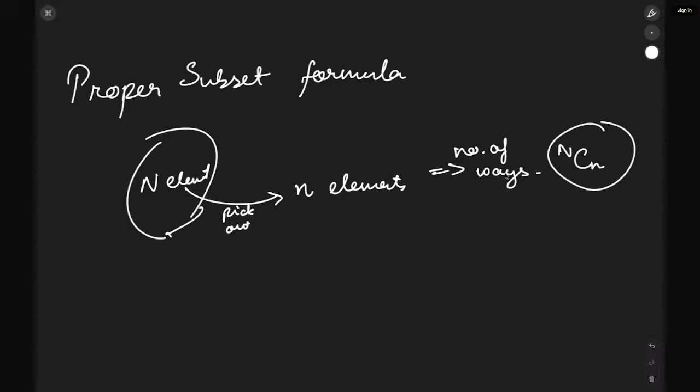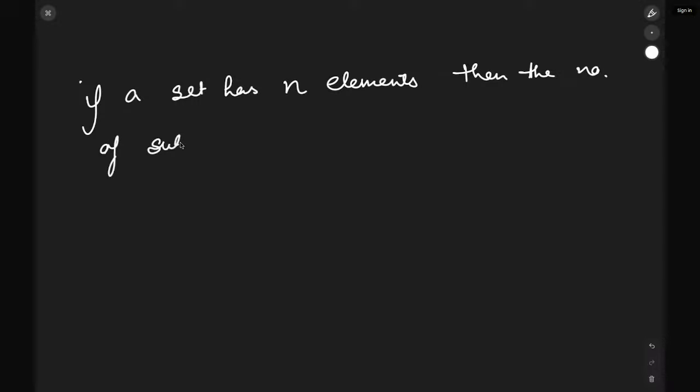And how many subsets and proper subsets does a set have? If a set has n elements, then the number of subsets of the given set is 2 raised to the power of n.